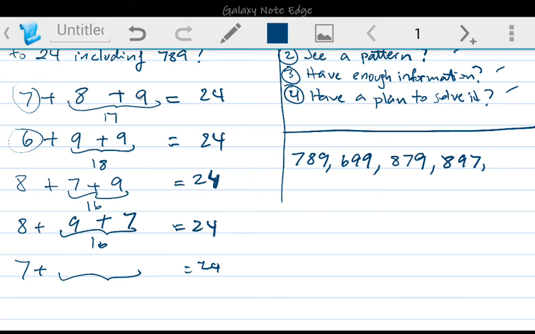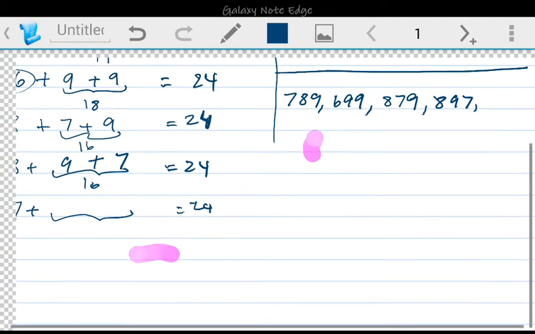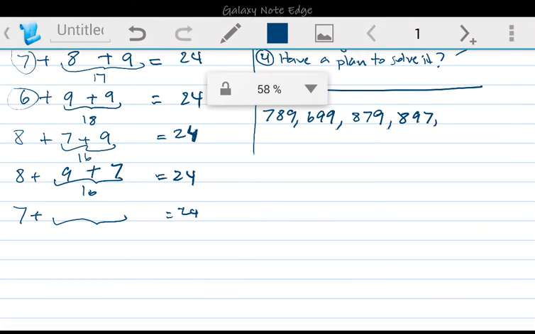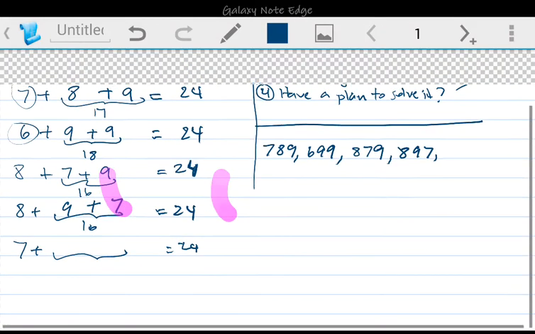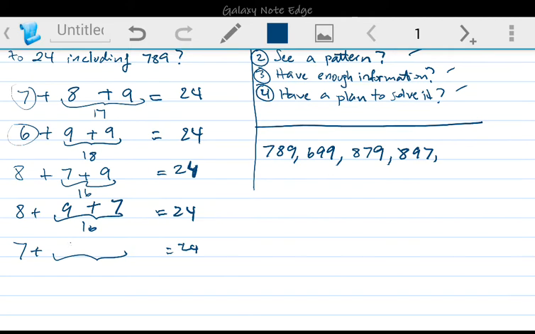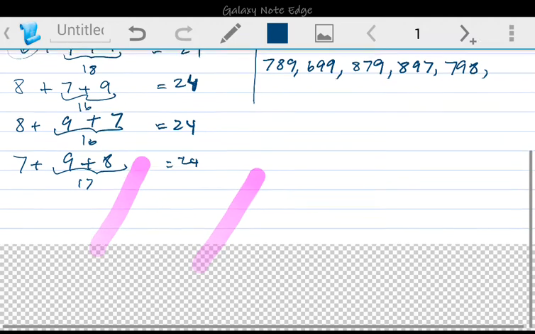But if we take this number and we invert the last two digits, 798, it's also going to work. 9 plus 8 is 17. So 798 is also an answer.